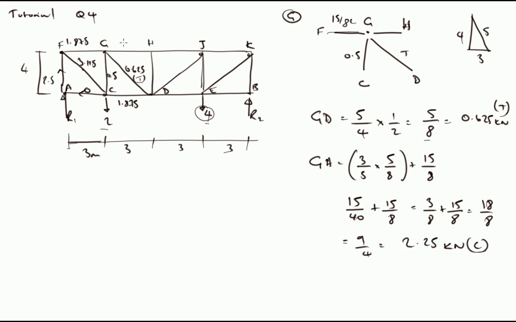So our GH then is 2.25, compression on the top.